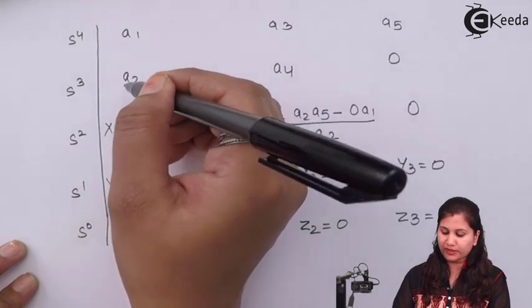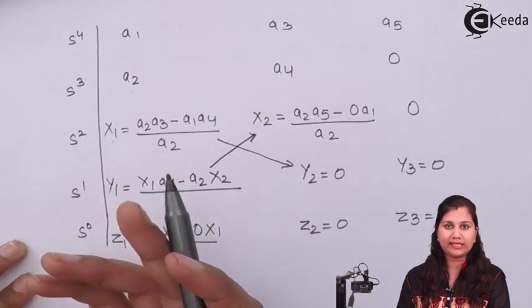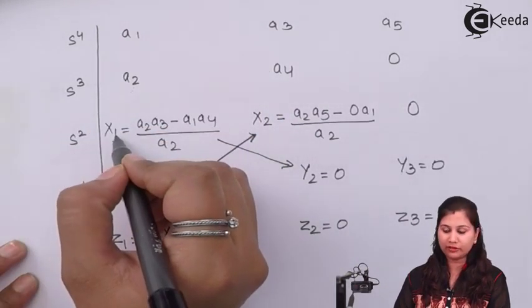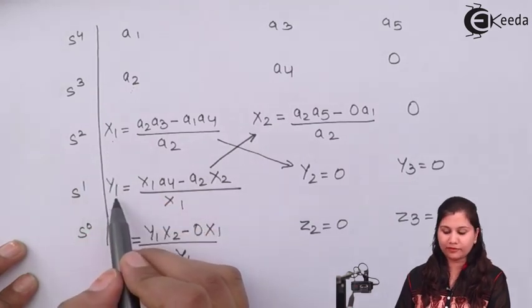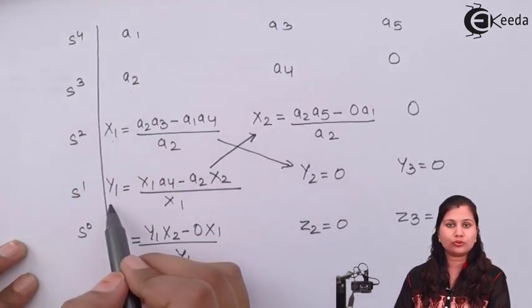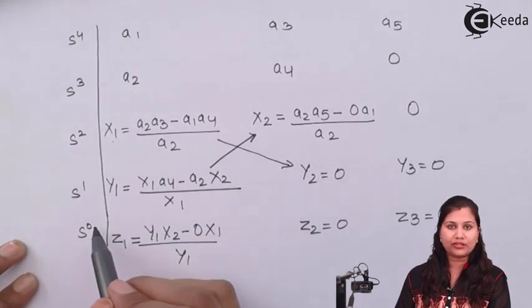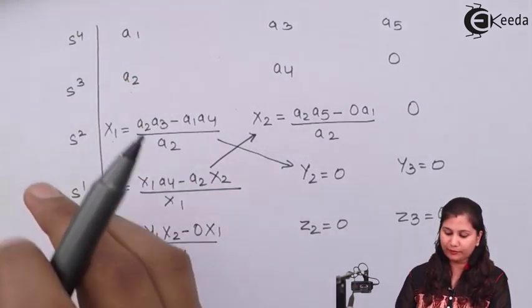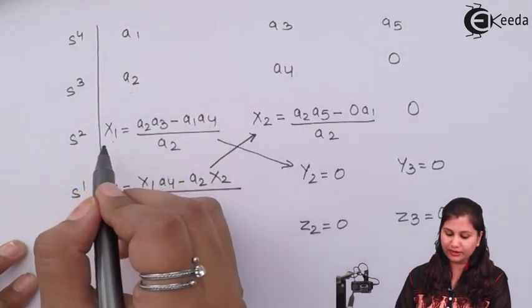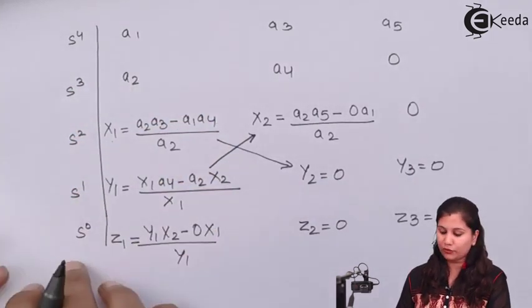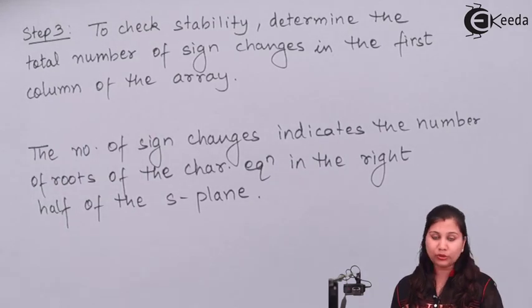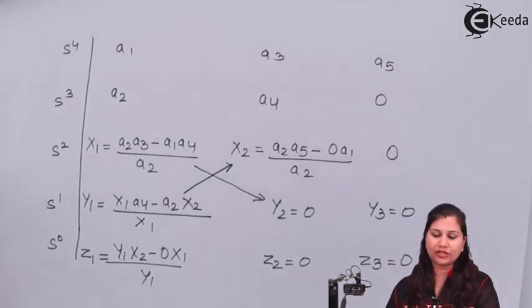So positive, positive, negative. So there will be one sign change from positive to negative. Then again it is positive. So from minus to positive, again a sign change. So there are two sign changes in the first column, from positive to negative and then from negative to positive. So there are a total of two sign changes.